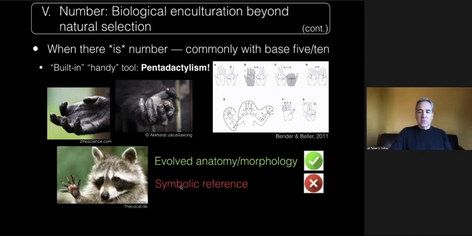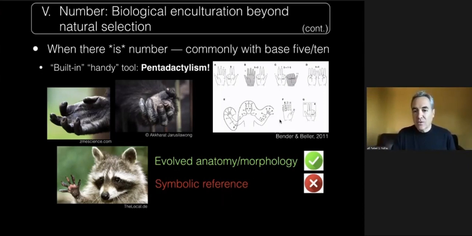So that is what humans have, which leads us to recruit pentadactylism for a cognitive development, for conceptual systems when there is number. As I said, there are many cultures that don't have exact quantification beyond the subitizing range. So this is an important distinction to be made. It's not just because we have 10 fingers. We do, like many other animals do in the upper limbs. But the crucial thing is symbolic reference, that we're able to recruit that.